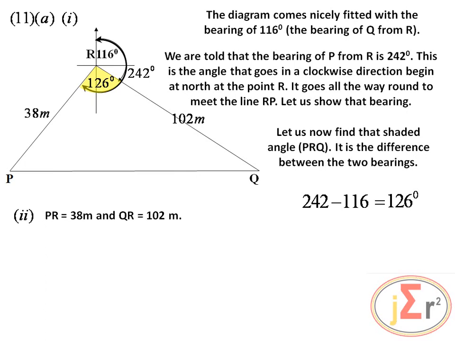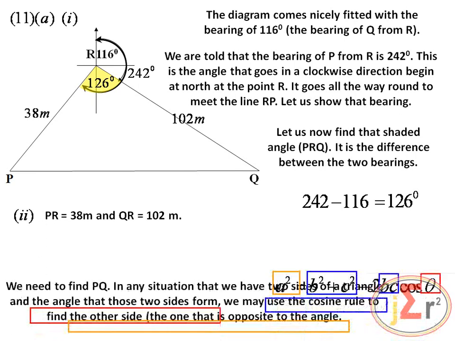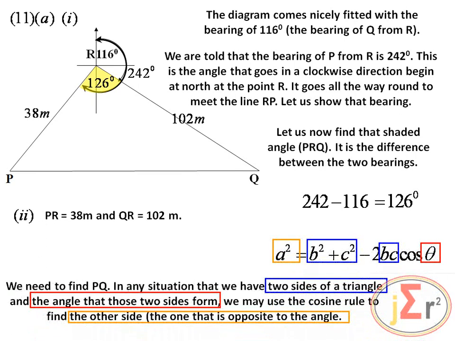Of course, we know that we are not just playing around putting in values or the length of lines in a diagram. We will make use of them. We need to find the length PQ.